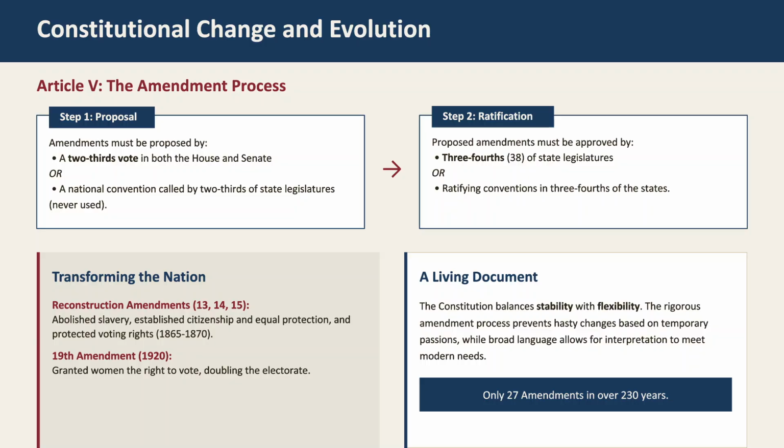And it allows this document to be the longest standing constitution, I should say, in existence today. Over 230 years, no other nation has a constitution that's that old.